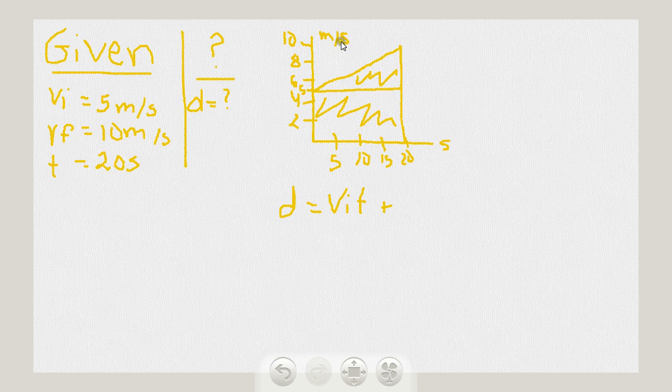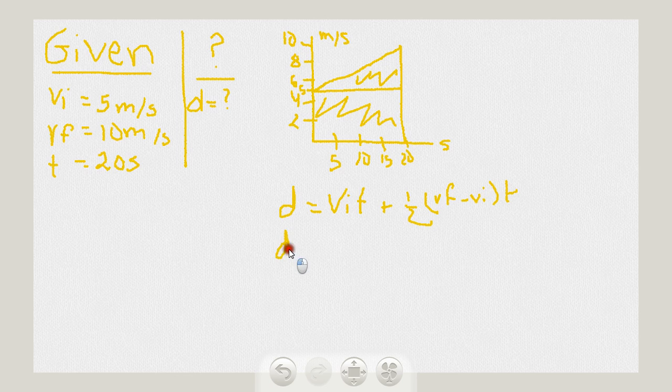So the height is the final velocity minus initial velocity. So plus a half of the final velocity minus initial velocity, and this multiplied by the time.